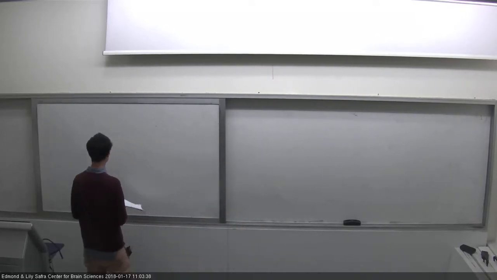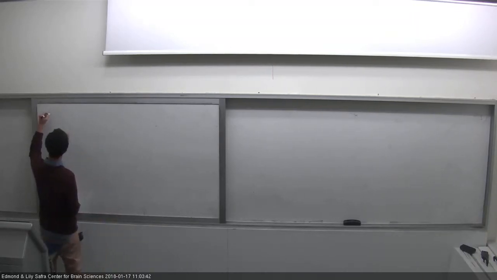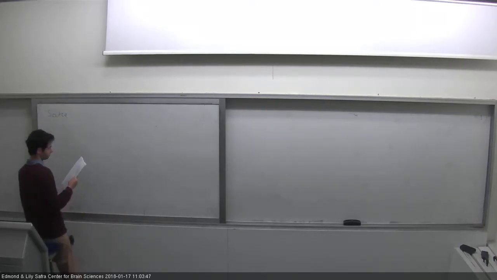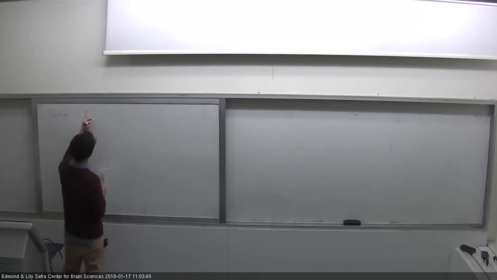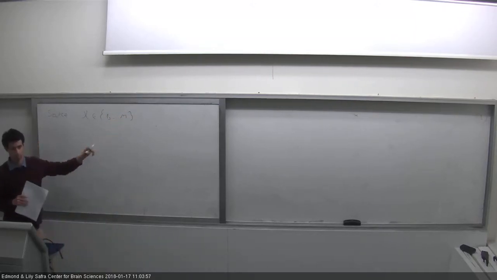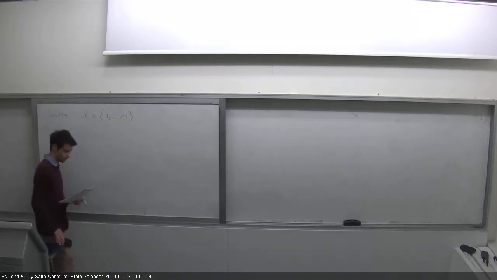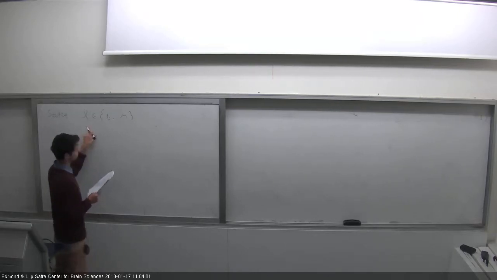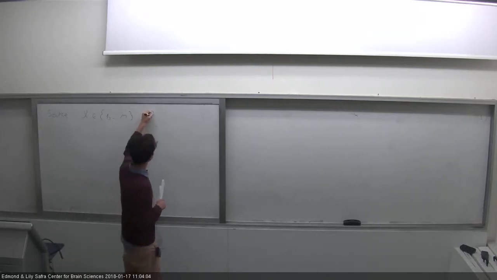Let's write it. So we have a source X, okay, and it can get values from 1 to m, and it has some distribution p of x.